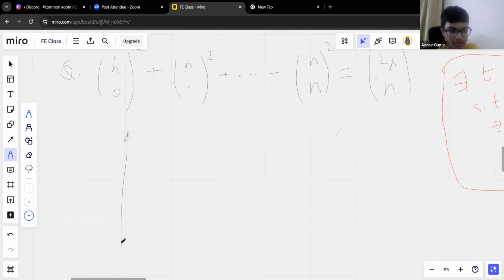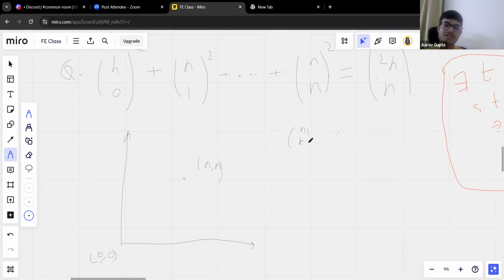Count the number of paths from 0, 0 to n, n. So you want n rights and n ups. So the total number of paths will be 2n choose n. But in the first n moves, let's say you have k ups. So you can choose those k ups in n choose k ways.